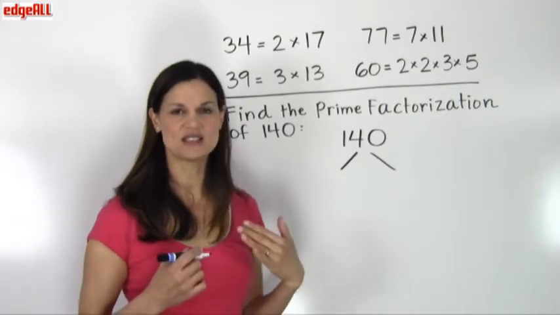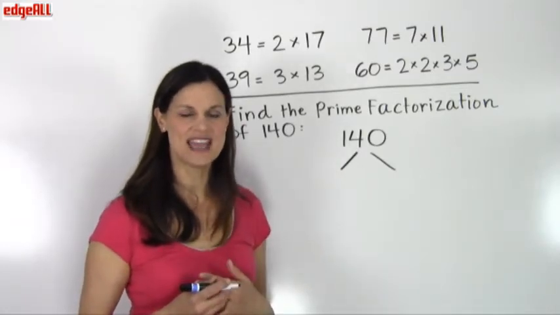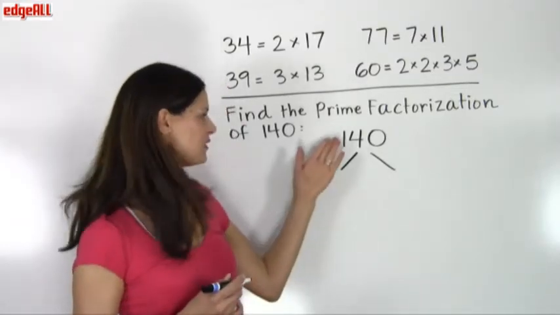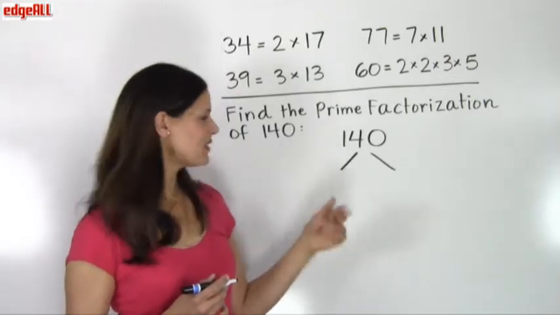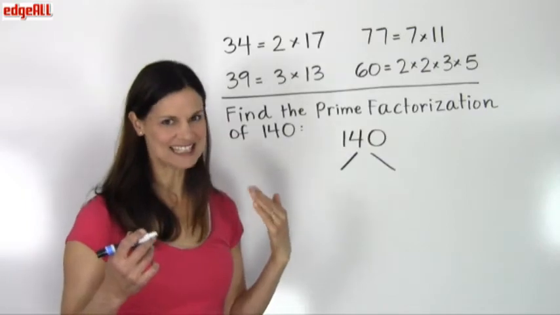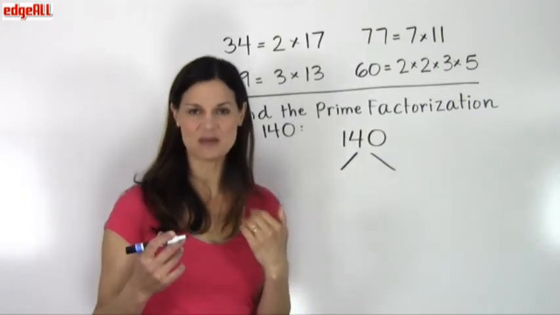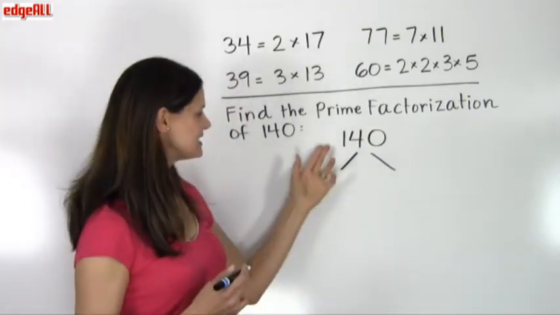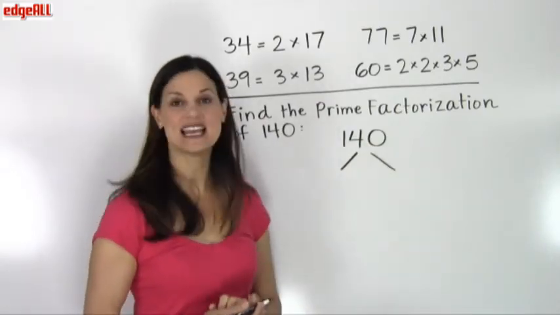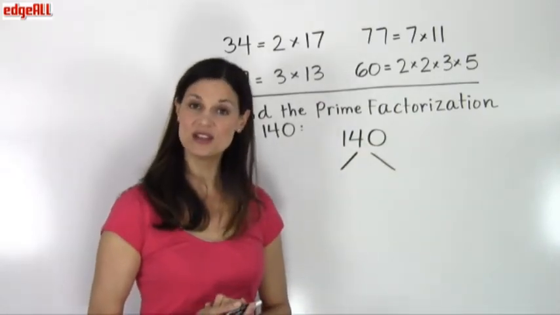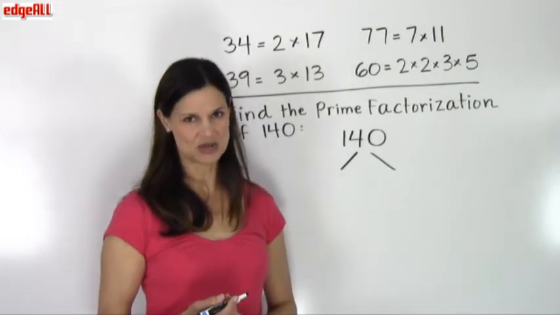So to start, we need to find one prime factor of 140. We start with our smallest prime numbers and see if the number that we're working on is divisible by those prime numbers. So I can see, first of all, in my mind, that my smallest prime number is 2. And I can see that 140, since it ends in a 0, is an even number, and so it will be divisible by 2.